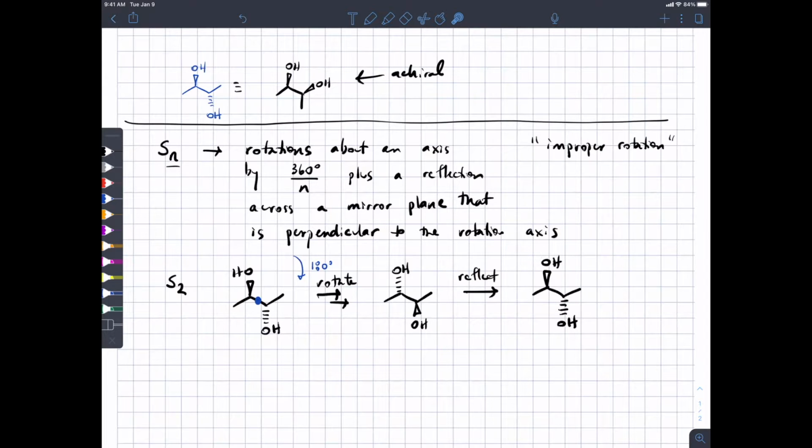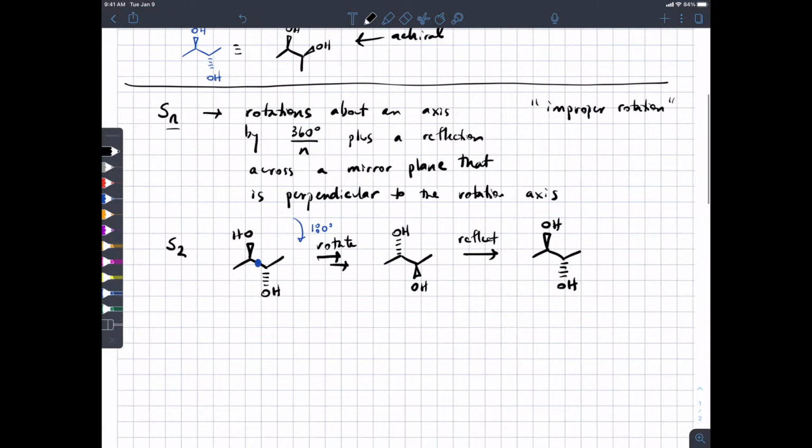When a molecule has S2 symmetry, or any improper rotation symmetry, it is achiral. Okay, so any molecule with SN symmetry is achiral or not chiral.